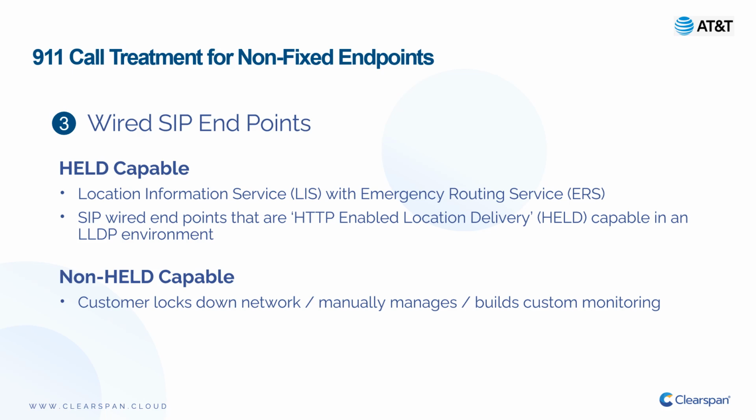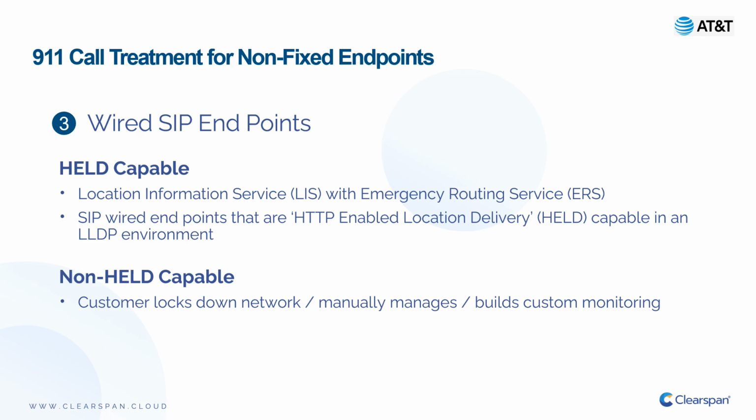The second category is for phones that cannot support HELD/LIS. For those phones, there are the following options to be compliant. The customer can lock the network down to prevent someone from moving a phone to a different location and statically provisioning the device and its dispatchable location in the Intrado ERS.